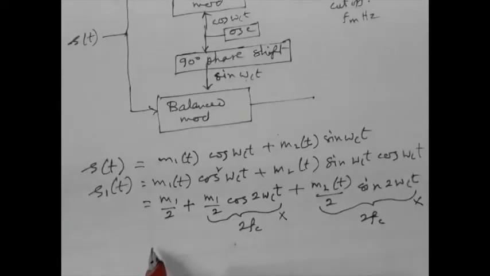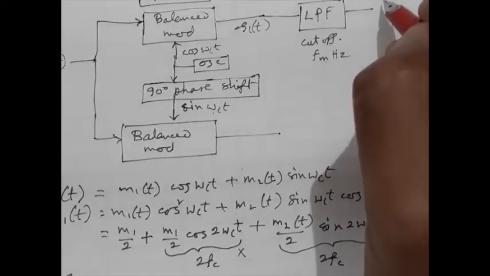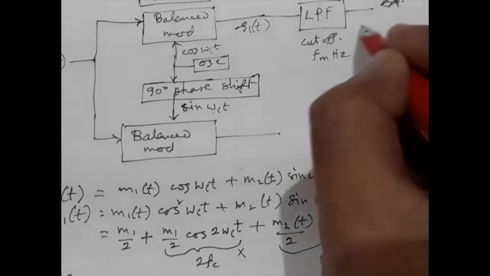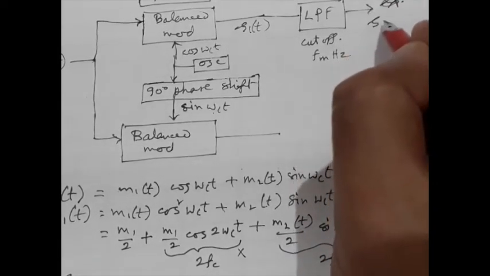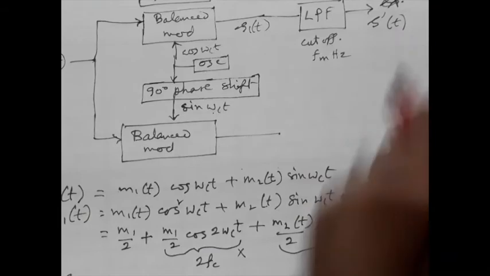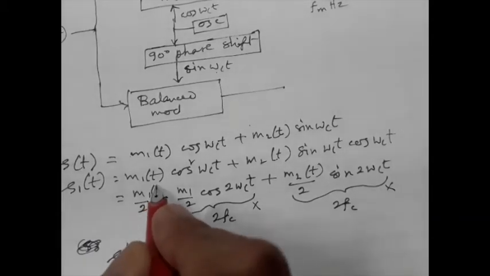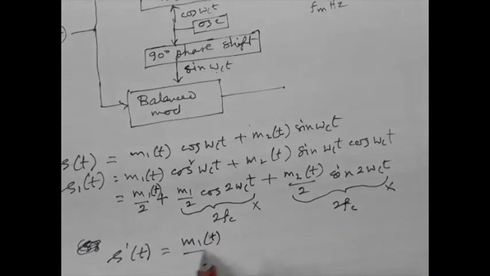So the only existing term will be, S dash t is the output. So S dash t will be equal to m1 by 2. So at the upper channel we will get the first signal.